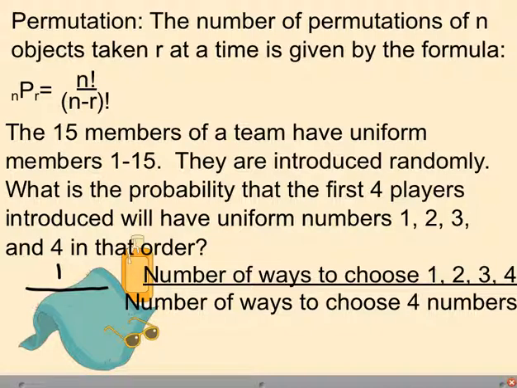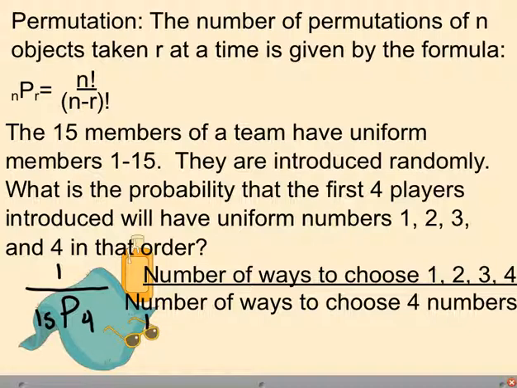Just like if I wanted a number 2 on a number cube, out of our 6 different possibilities, I would say 1/6. Now our total possibilities here is the number of ways to choose 4 numbers out of our 15 total, which is really a permutation of 15 total people, picking 4.